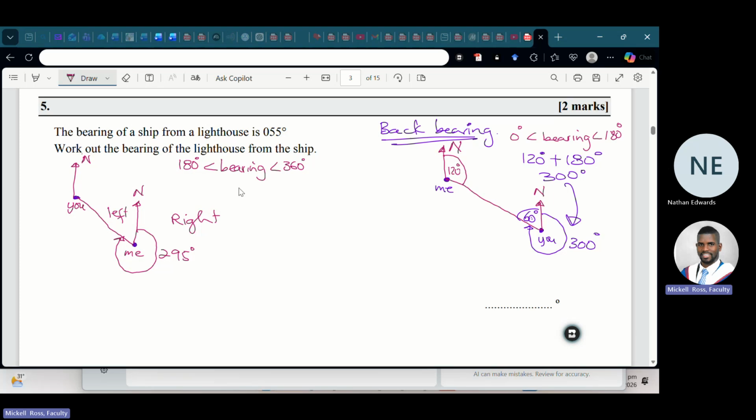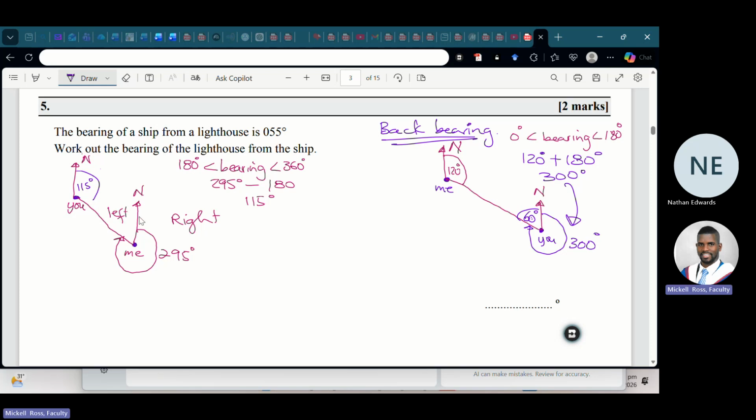So the first bearing is 295, so I have to subtract 180. That is how you would get the back bearing. All right, so this is going to give you 115. So what does this 115 mean? If you are to look back at me, this bearing would be 115.